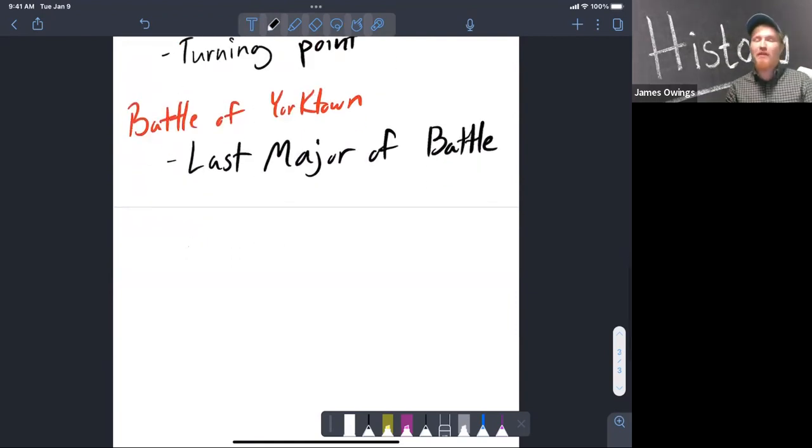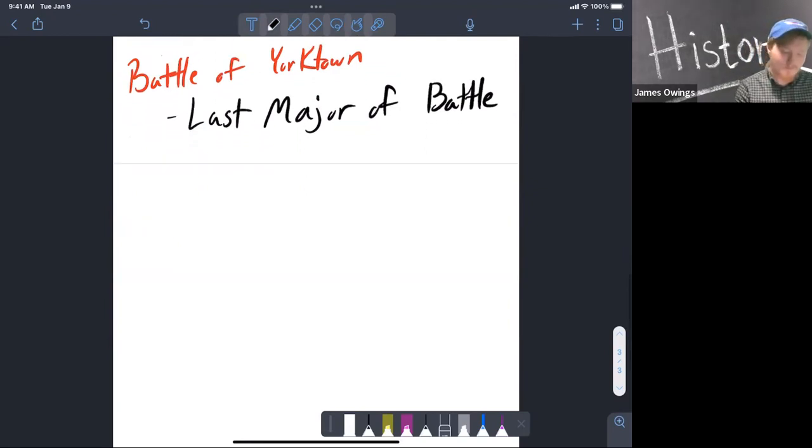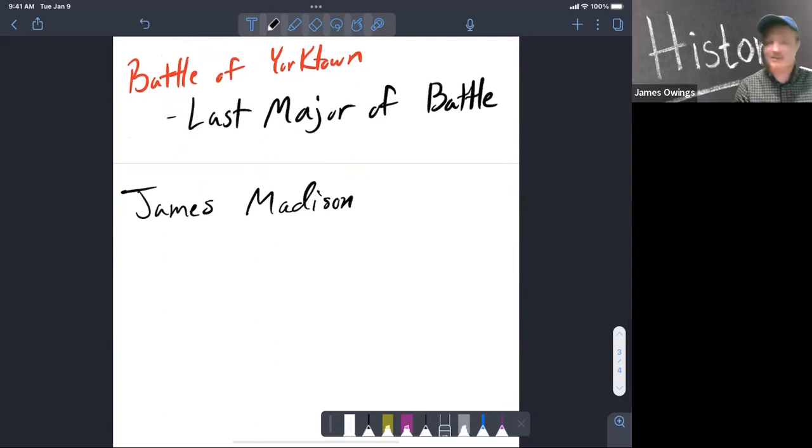So we got to talk about the American Revolution period. There's some great people that are going to be on this test. A few of which we have to talk about are involved with the Bill of Rights and the Constitution themselves. James Madison is considered the founder of our Constitution. And he's considered a founder for a very specific reason.